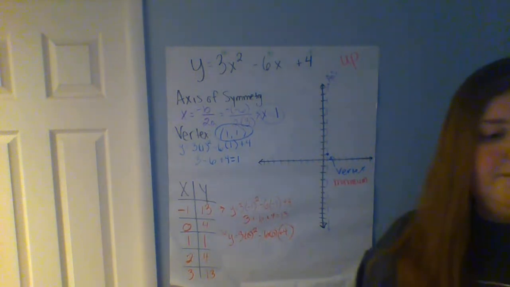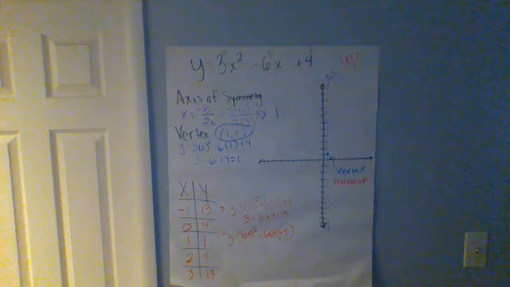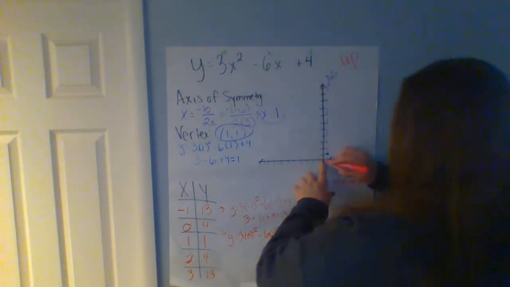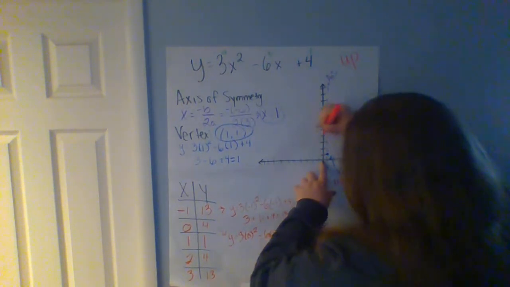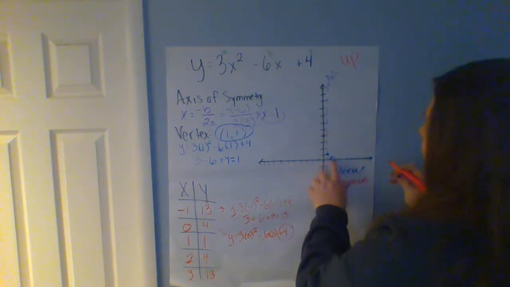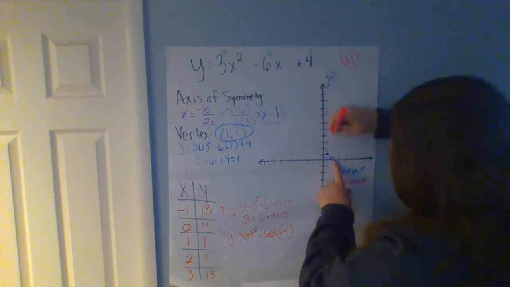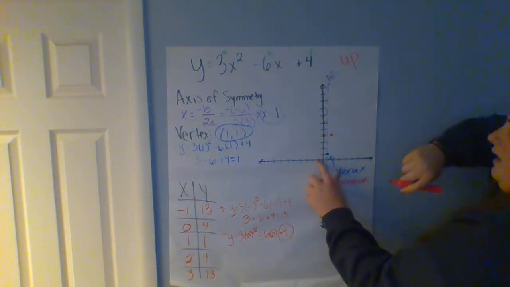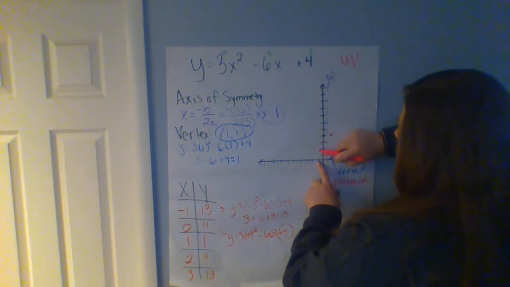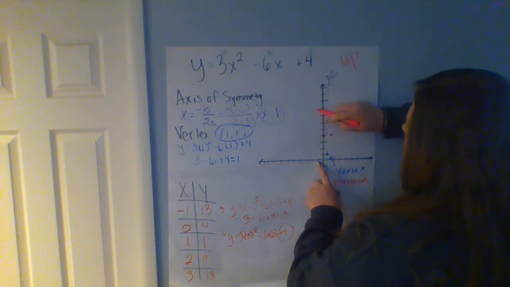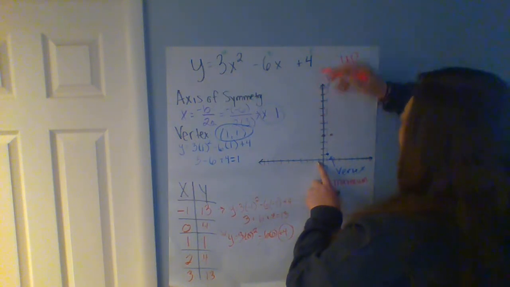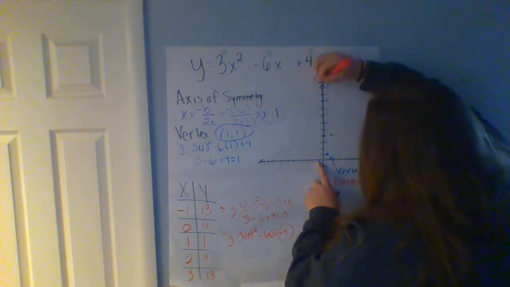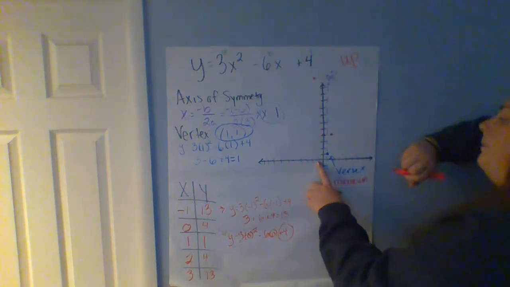So now let's plot some points. We have 0, 4, and we also have 2, 4. We have negative 1, 13. The graph's a little small, so I'm just going to extend that.